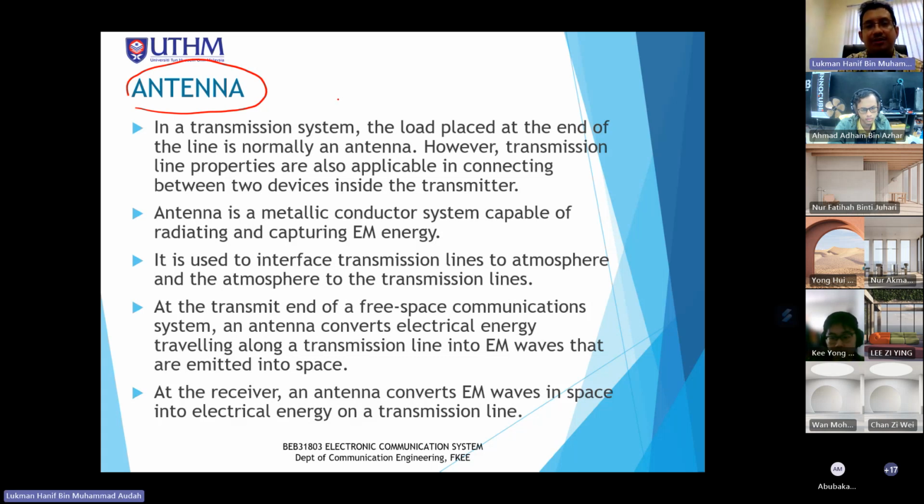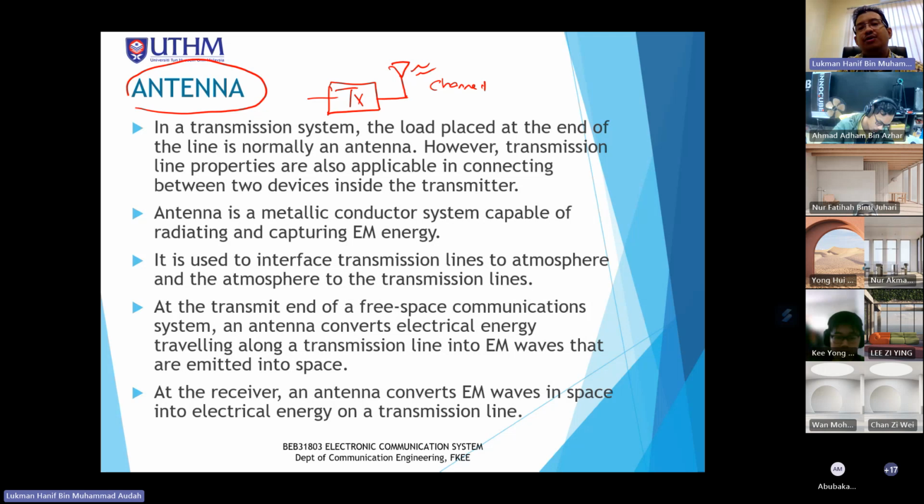If I draw the picture here, this is the antenna. The antenna is a component that radiates the electromagnetic wave into the channel.